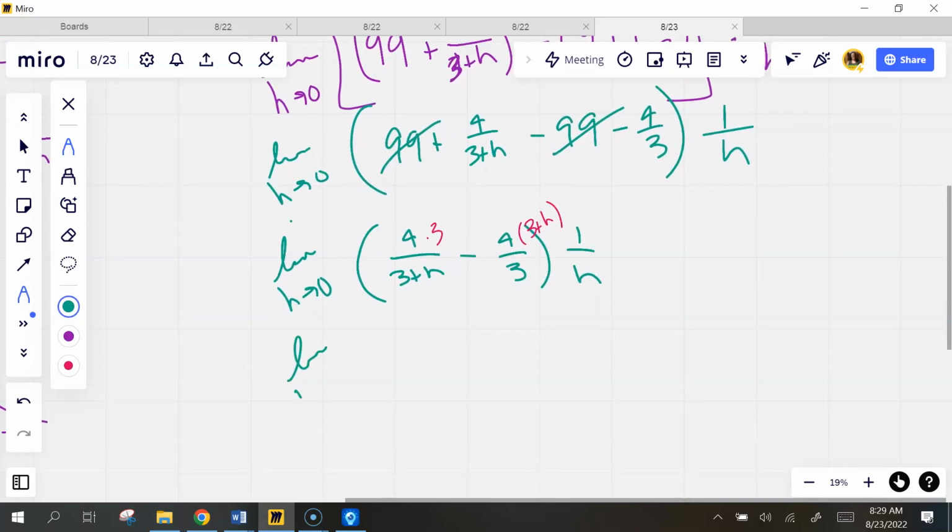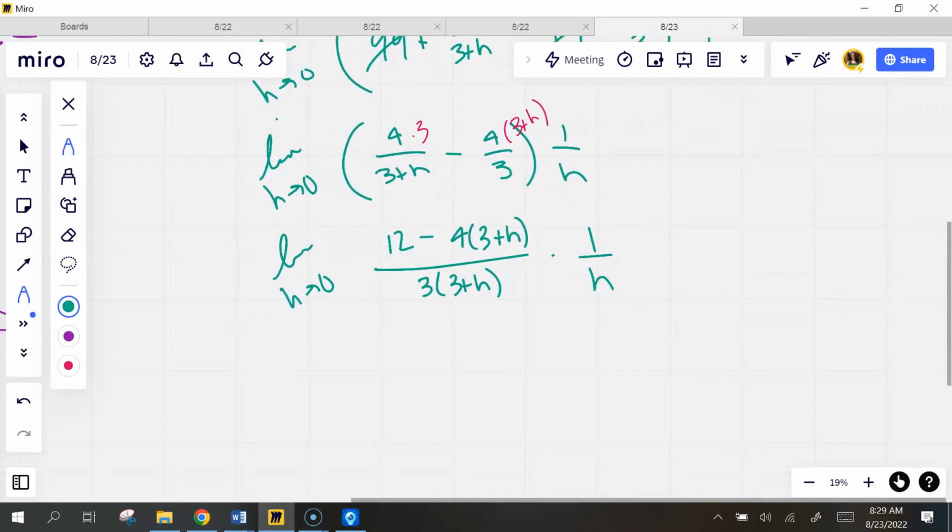So now I have the limit as h goes to 0 of 12 minus 4 times 3 plus h all over 3 times 3 plus h. Starting to look a little bit better to me. I'm going to distribute that 4 through, so I have 12 minus 4h over 3 times 3 plus h.